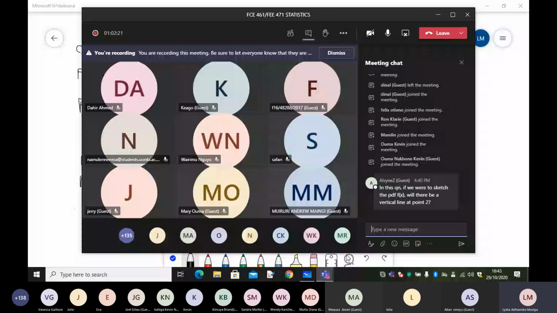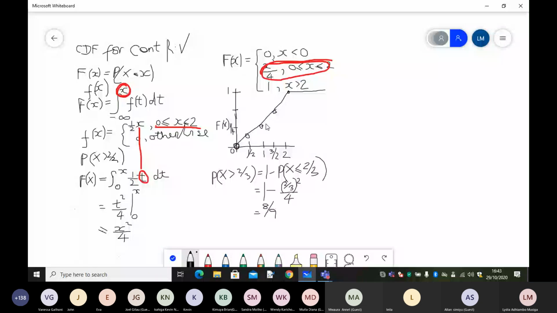If we were to sketch the PDF f of x, will there be a line at point 2? Yes, there will be a line at point 2, because as I said, maybe as I said, x is less or equal to 2, greater or equal to 0.